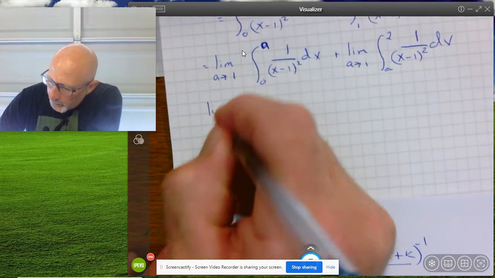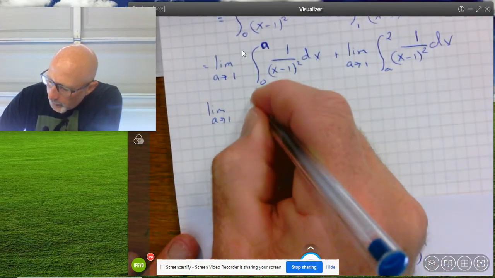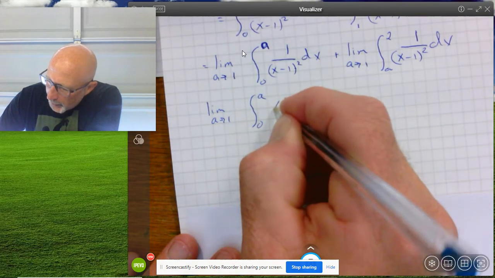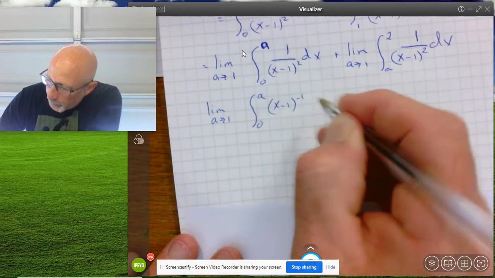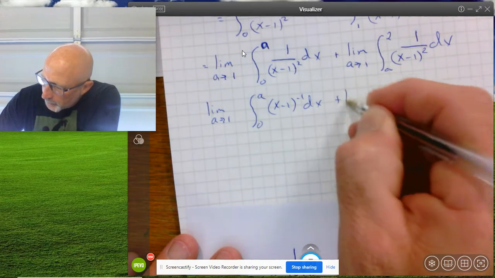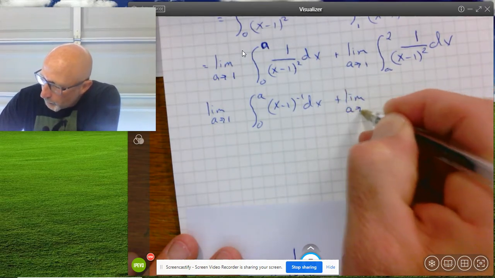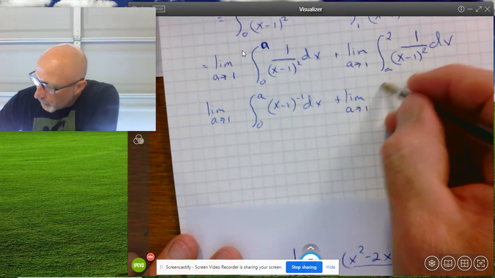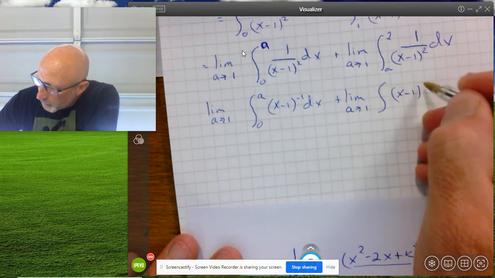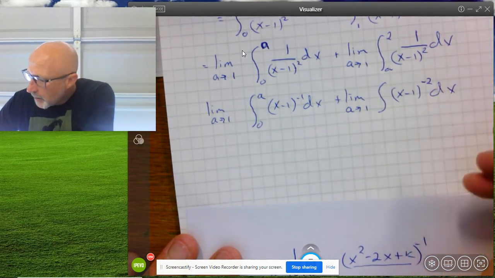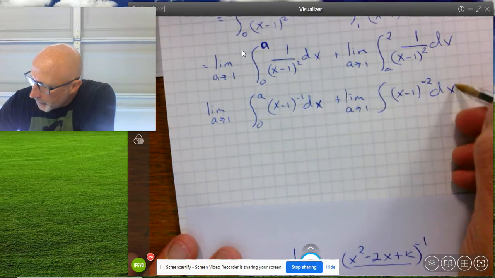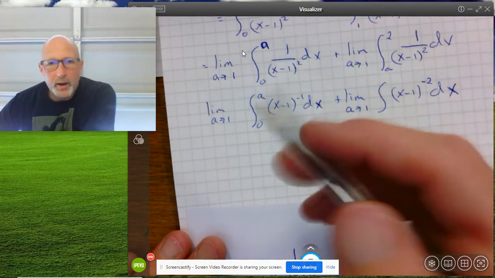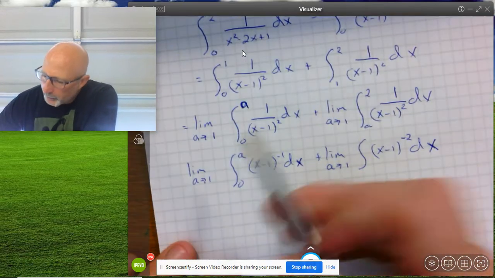So the limit as a goes to 1 of the integral from 0 to a of x minus 1 to the negative second power dx, plus the limit as a goes to 1 of the integral from a to 2 of x minus 1 to the negative second dx. Actually, I need to address something else too, because of the way that I split this. Okay, so I split it at 1, right?